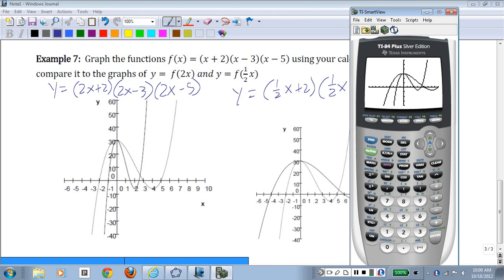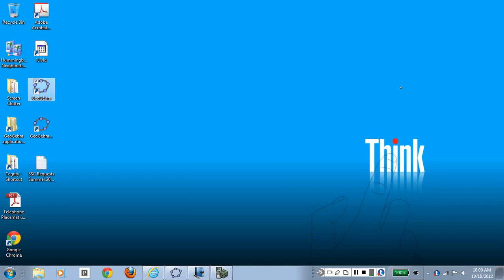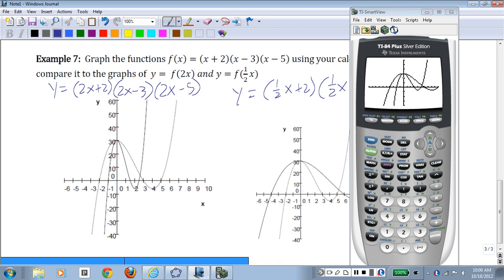Points move twice as far from the y-axis as they were originally. -2 to -4. 3 to 6. There's 6. And 5 all the way over to 10. The y-intercept does not move. Points on the y-axis do not get moved by horizontal stretches and shrinkings.